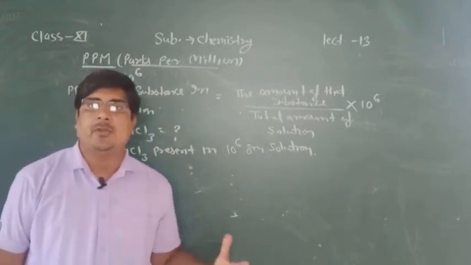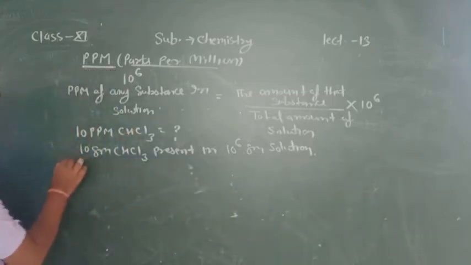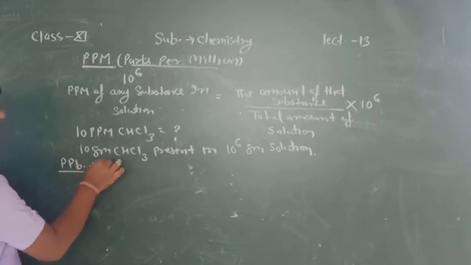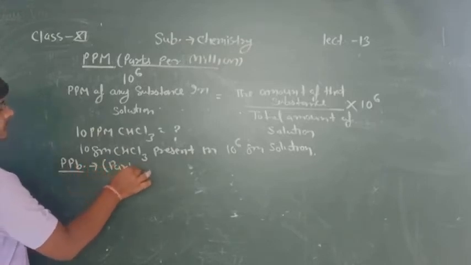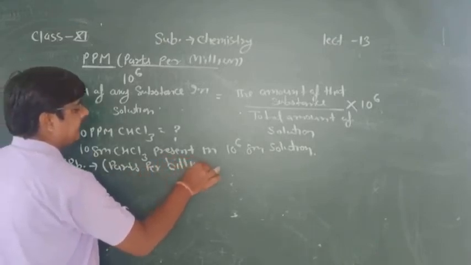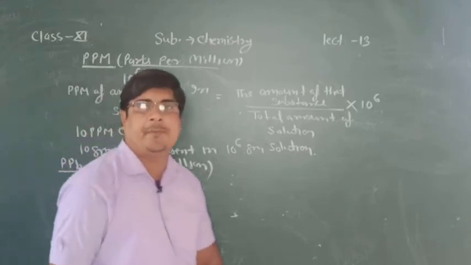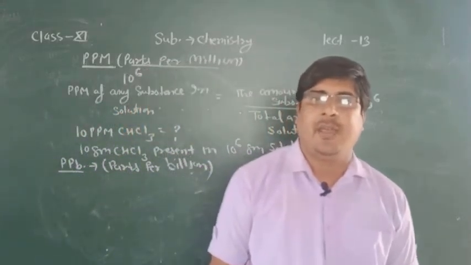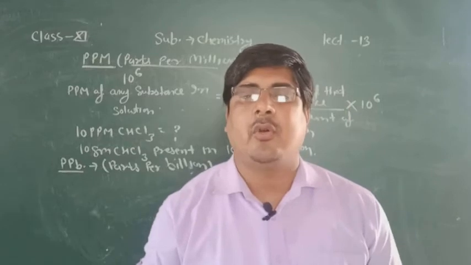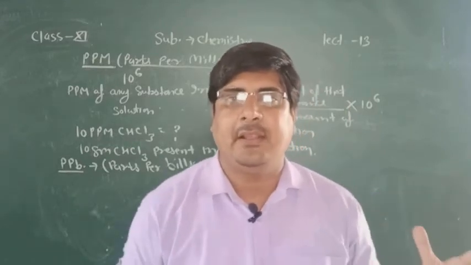Another topic related to this is ppb, parts per billion. ppm and ppb are used in those conditions where the amount of solute or substance in any solution becomes very low.